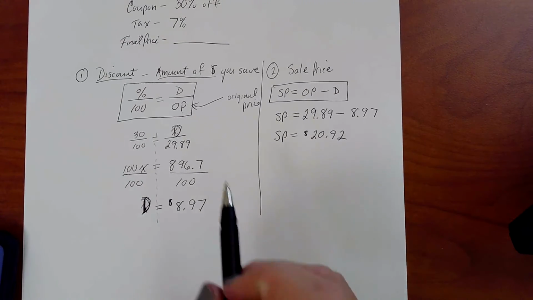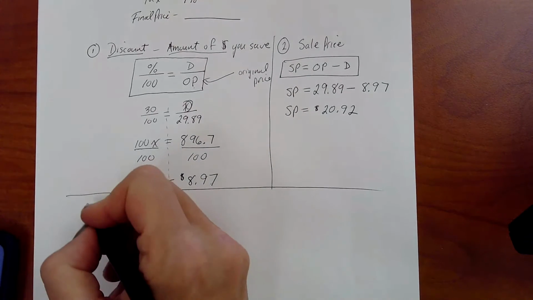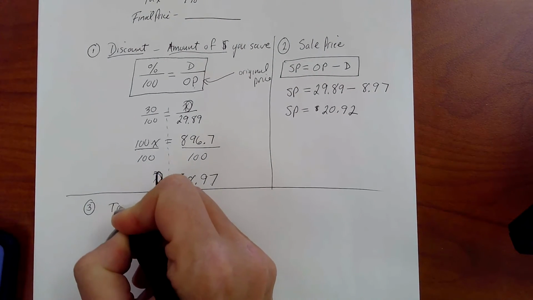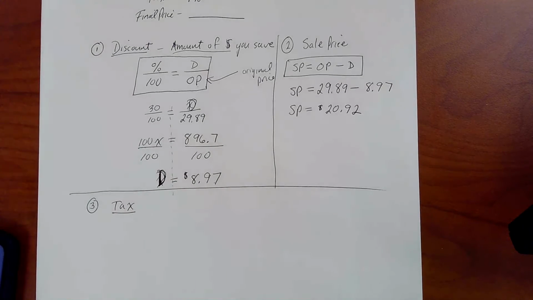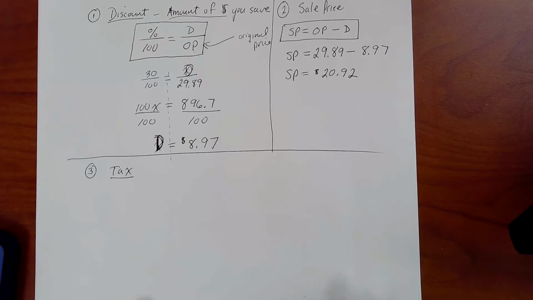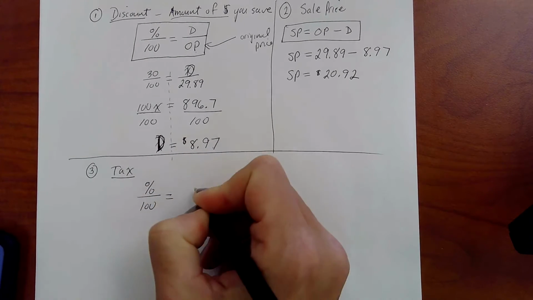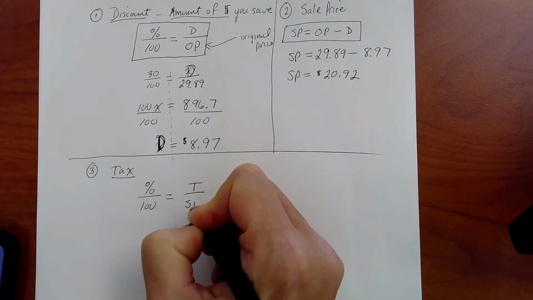Okay, so I go up to the cash register feeling good. Oof, but I have to pay the tax. All right, so that's the third thing you always have to figure out, the tax. And that's going to be a proportion formula as well. So you're going to do percent over 100 equals tax over sale price.